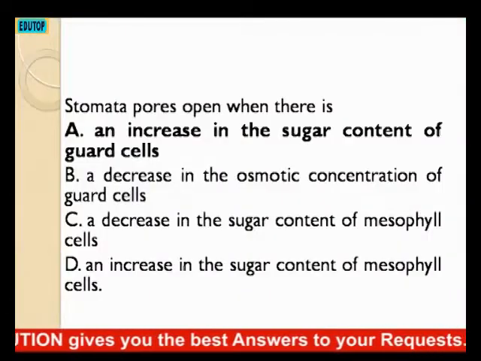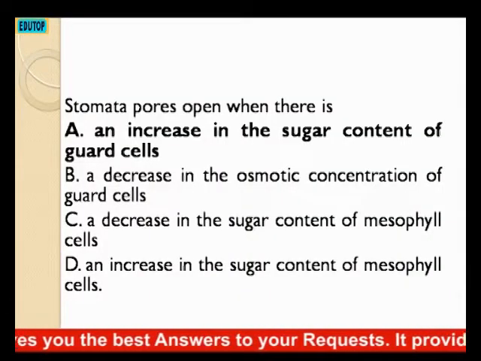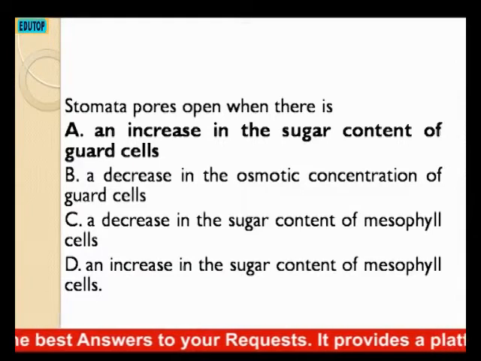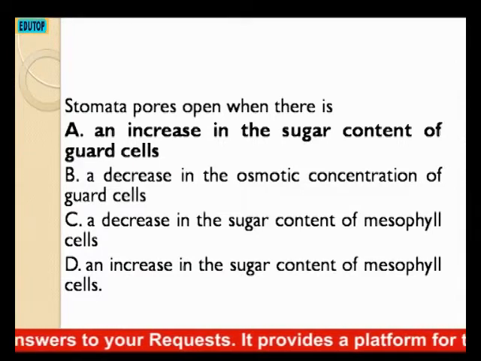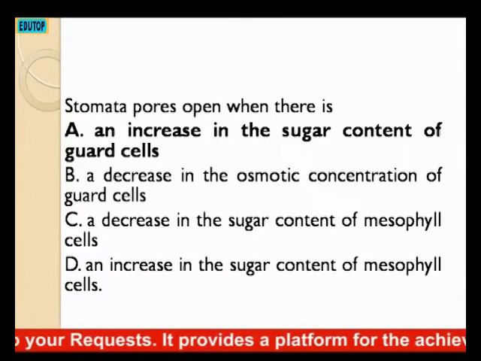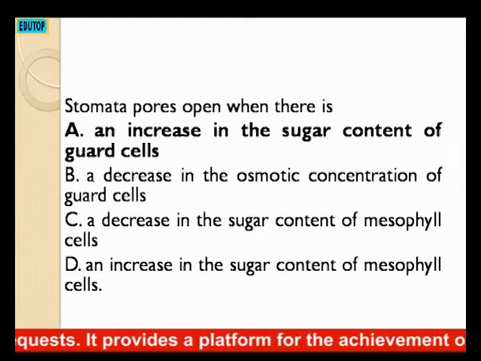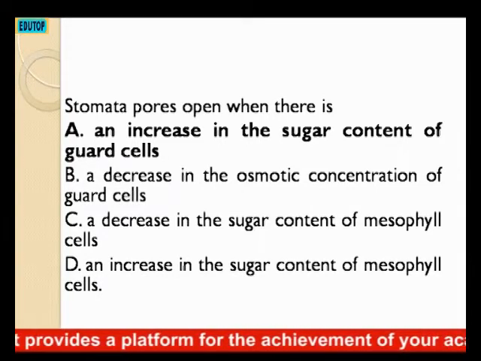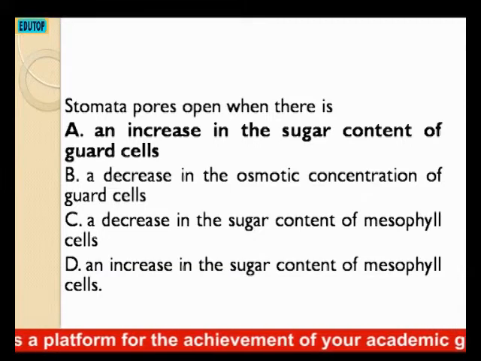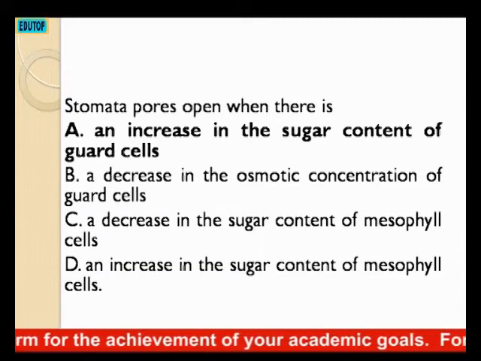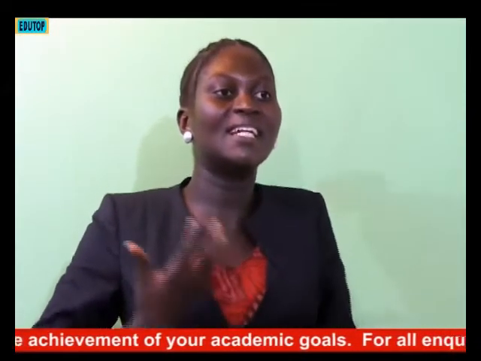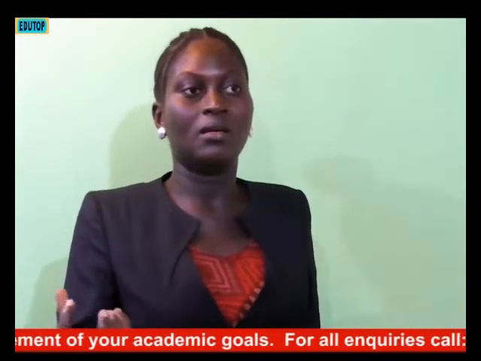The next question: stomata pores open when there is an increase in the sugar content of the guard cell, a decrease in the osmotic concentration of that cell, a decrease in the sugar content of mesophyll cell, or an increase in the sugar content of mesophyll cell. I said the stomata pore will open when there is an increase in the sugar content of the cell.